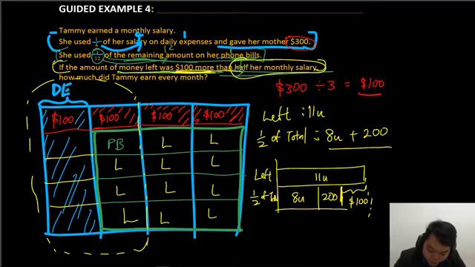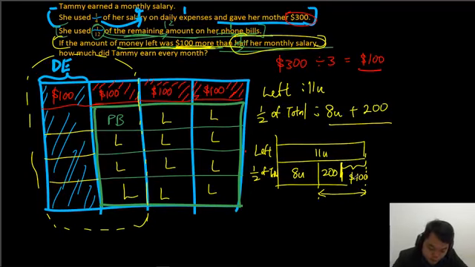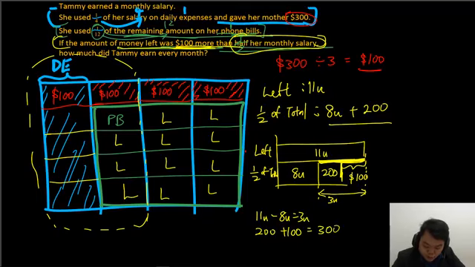So if we are to compare between units with units, numbers with numbers, this will be 3 units. Then at the same time, this 3 units is formed by 200 and 100. So this will give you $300. We can then say that 1 unit is going to be $100.